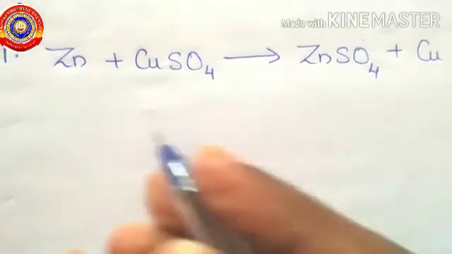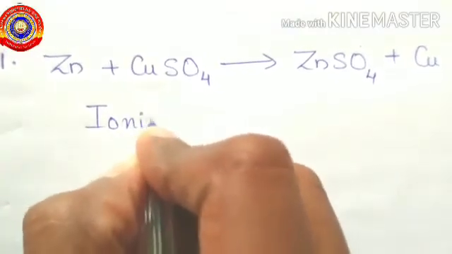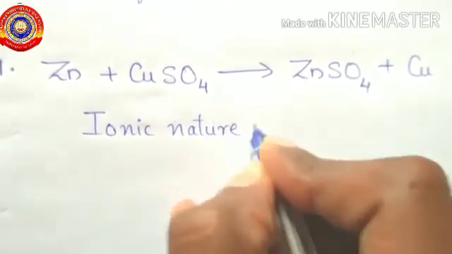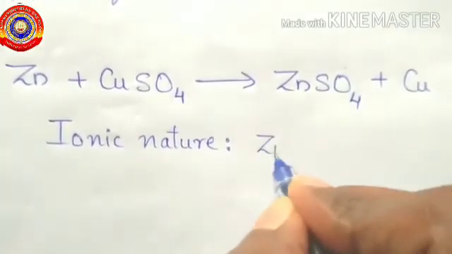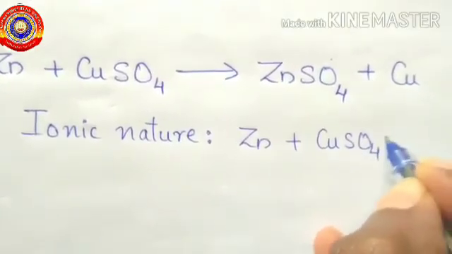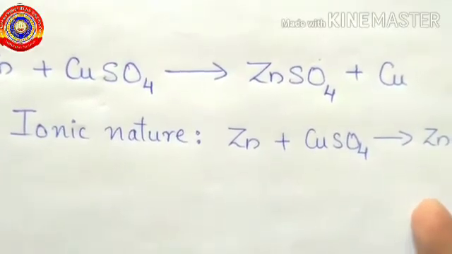Let's rewrite the above equation showing the nature of ions as below. As you have learned in the 9th standard regarding the oxidation number of elements and compounds, you know the oxidation number of an atom existing in an elemental state is considered as 0.